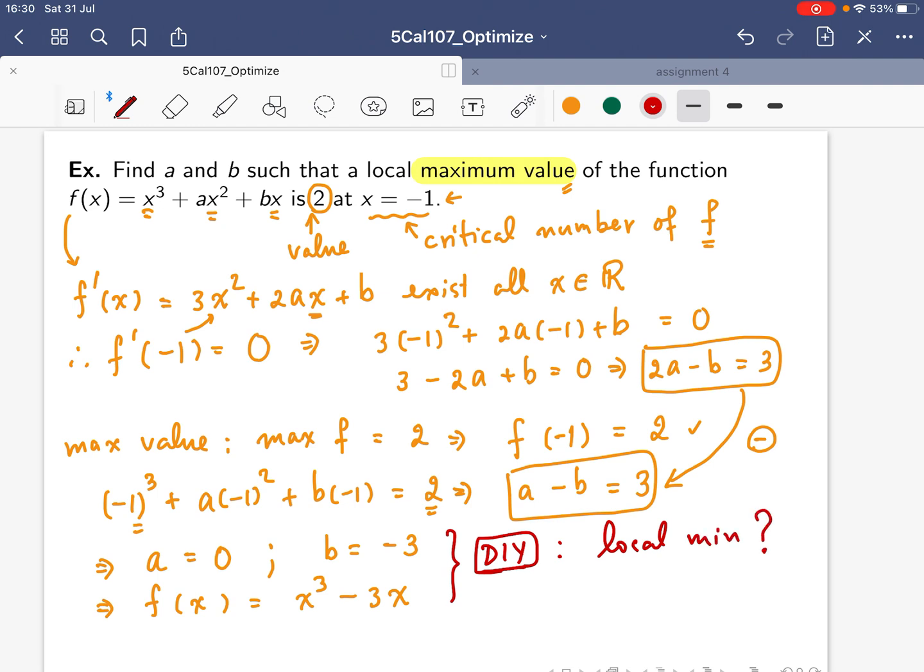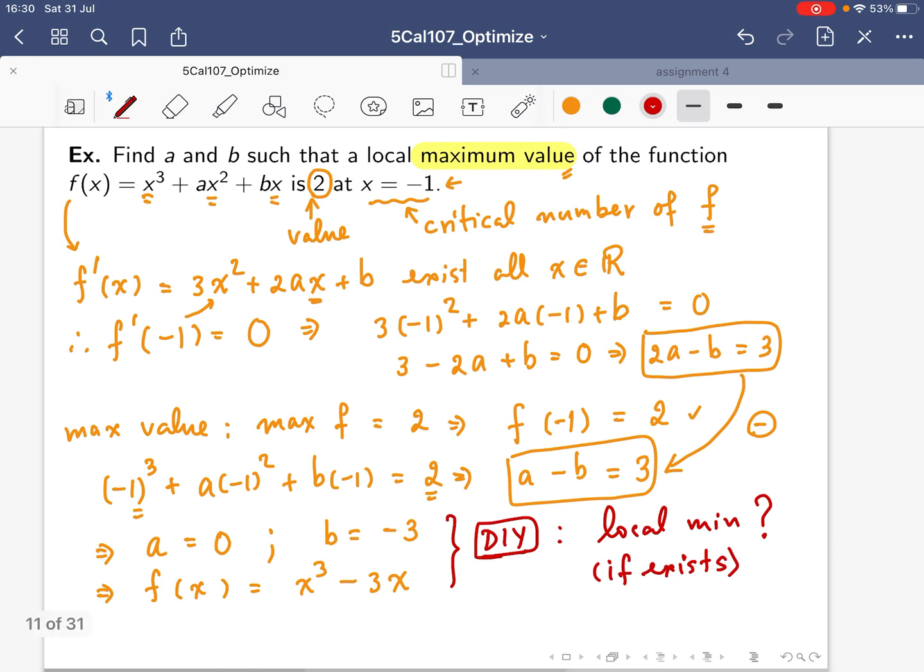If this function has a local minimum, where is the local minimum achieved, and what is the local minimum value of this function, if it exists? If not, then just say that it does not exist. Are we all right?